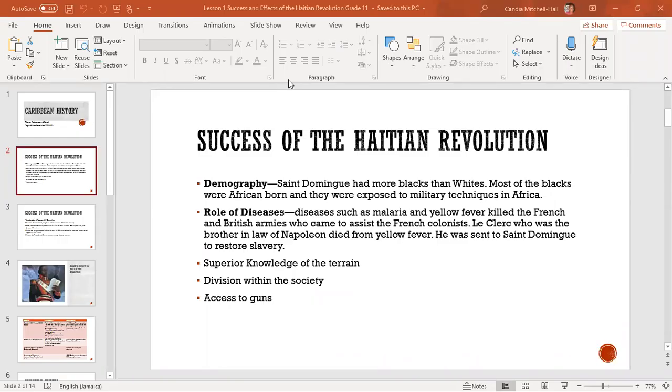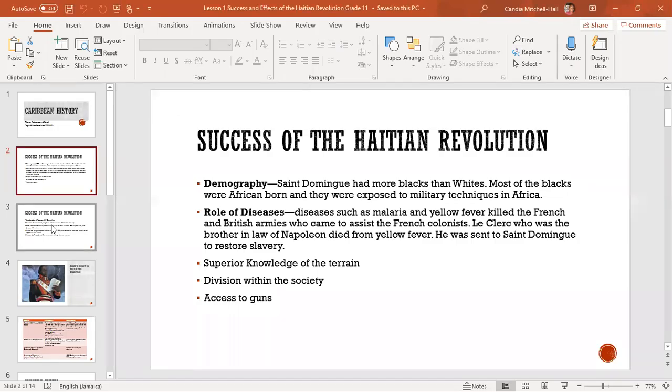The poor whites wanted the same privileges as the rich whites, and the colored wanted the privileges of the whites. So the society was very divided, and it gave the Africans the opportunity to rebel. And they also had access to guns.